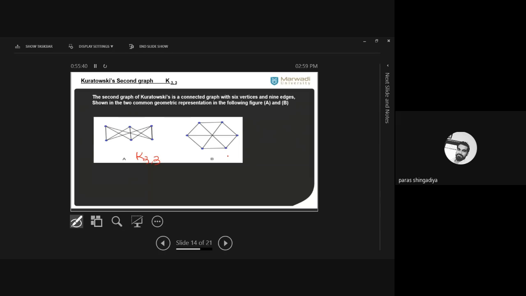Clear? Here you only have to look at 3 edges, and there you have to maintain quite a lot of edges. So just check that they are isomorphic or not. If they are isomorphic, then we can use the second graph in place of the first one. Now verify whether they are isomorphic or not.